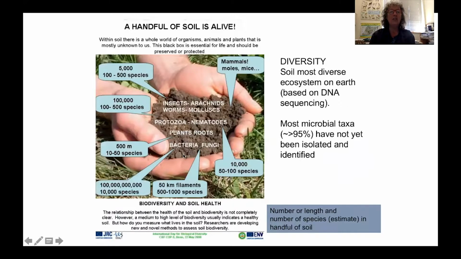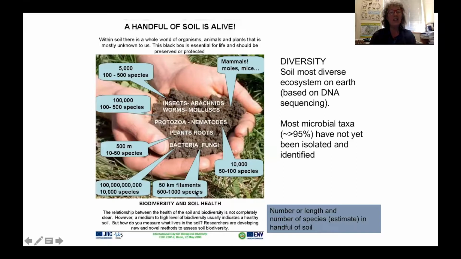This picture here shows you a handful of soil and some numbers of some of these different kinds of taxa that make up soil. So if we focus on the microorganisms, we have huge numbers of bacteria in a handful of soil. It could easily be billions and billions, and huge diversity. It could be 10,000 species in that.